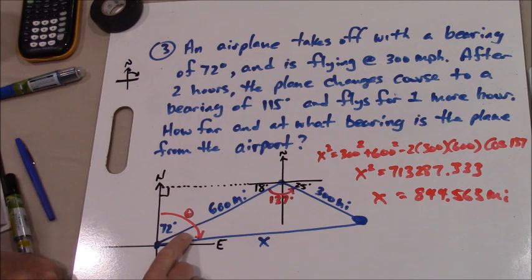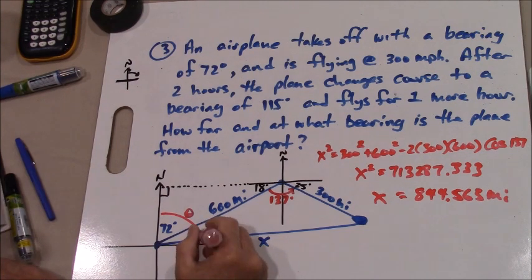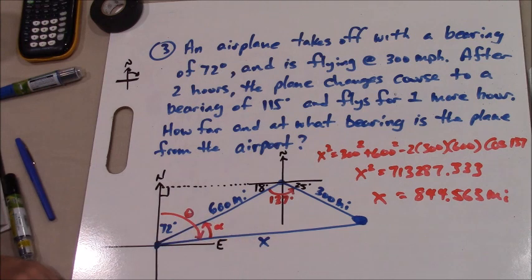But now I need to figure out the bearing. If I could figure out this angle right here, let me just call this angle alpha, all I have to do is 72 degrees plus that angle, and then I have theta. We could use law of sines to do that because we now know an angle and its opposite side.